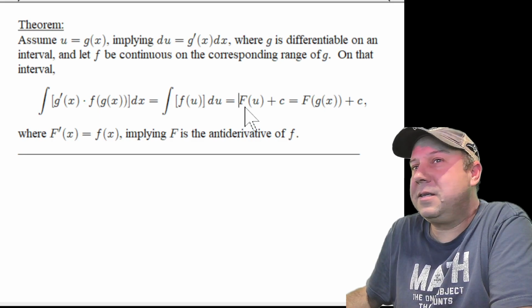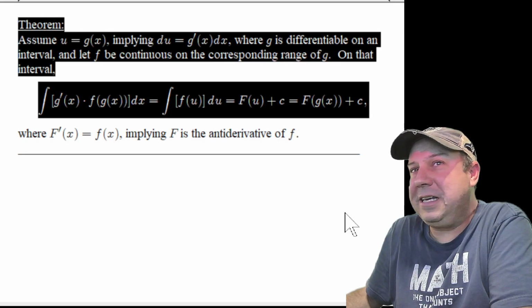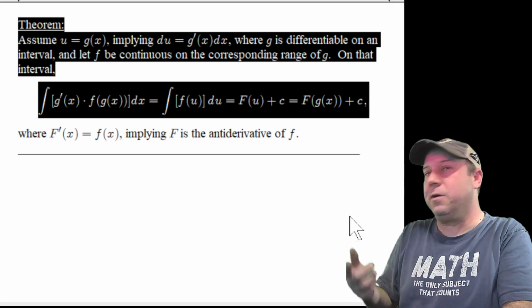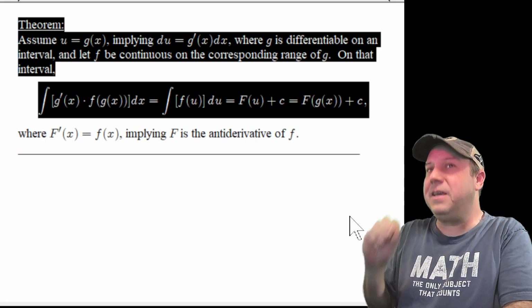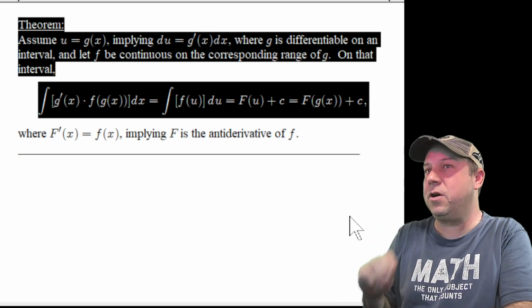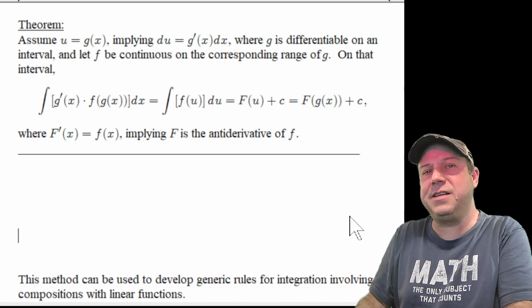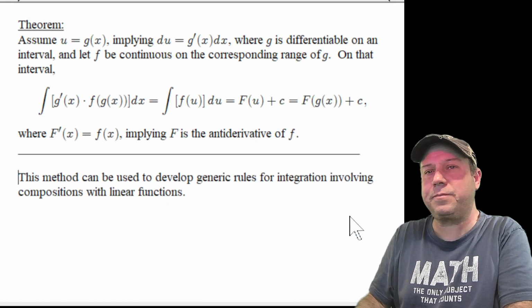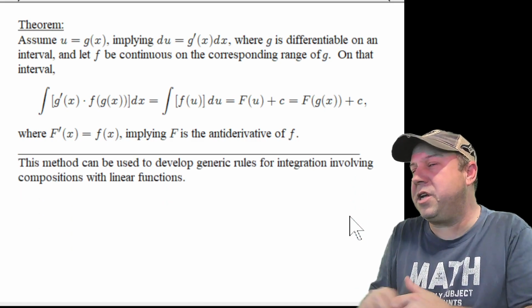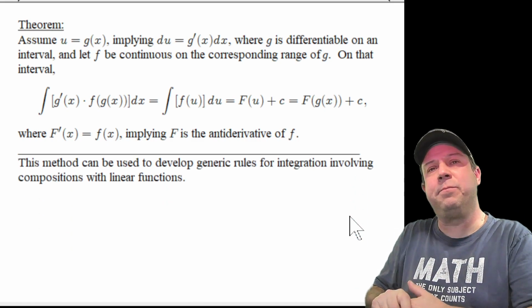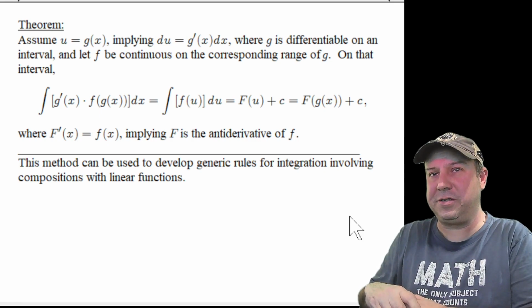But let's, again, this is the theorem that gives us the process of variable substitution. And the first thing I do show you with it is it can be used to develop some generic rules for integrations involving composites with linear functions.